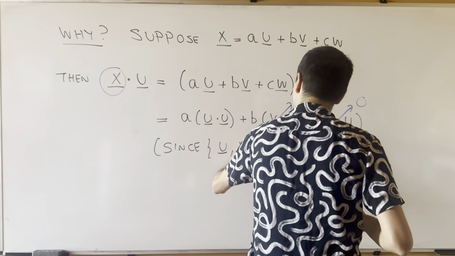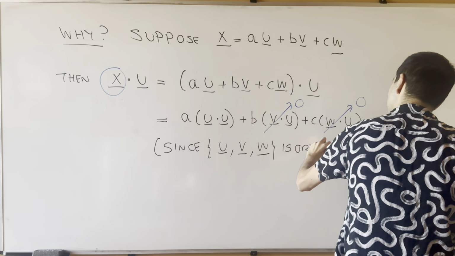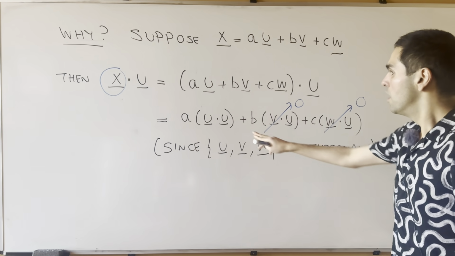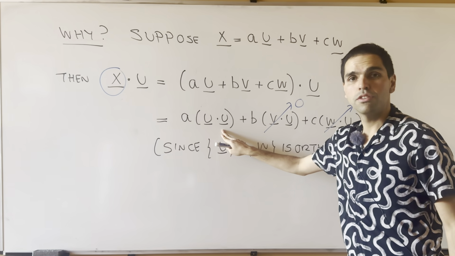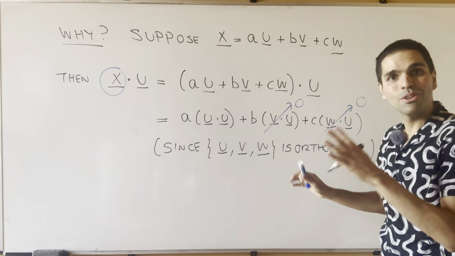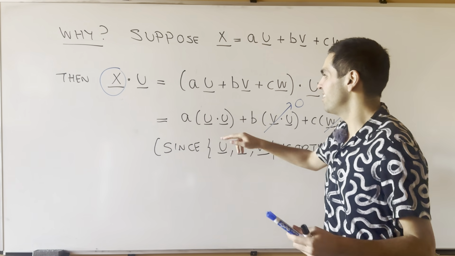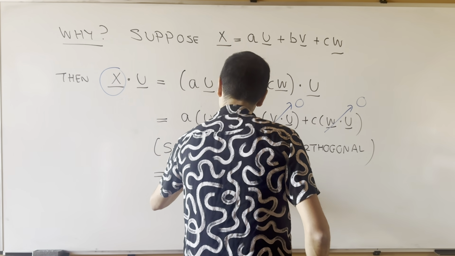So very important. It's false in general. And once again, u is not perpendicular to itself because u is non-zero. And so after the dust has settled, we end up just getting a times u dotted with u.